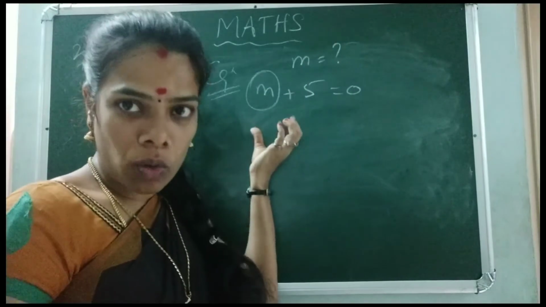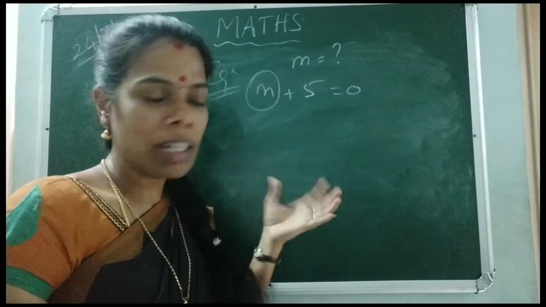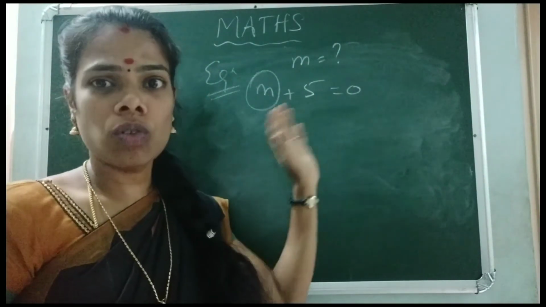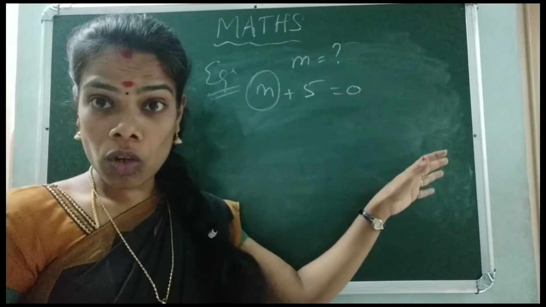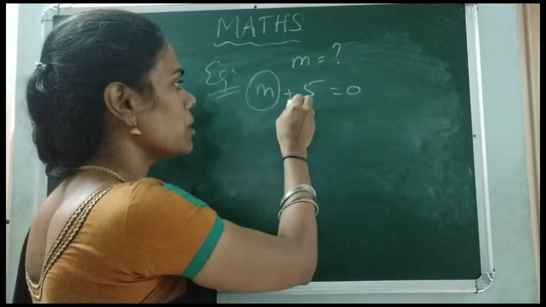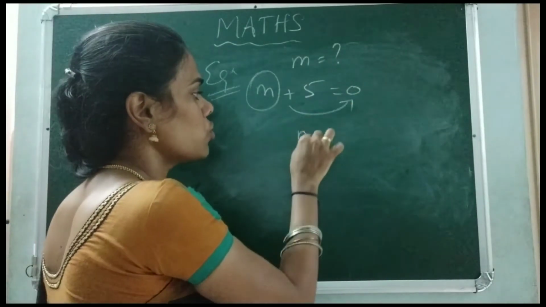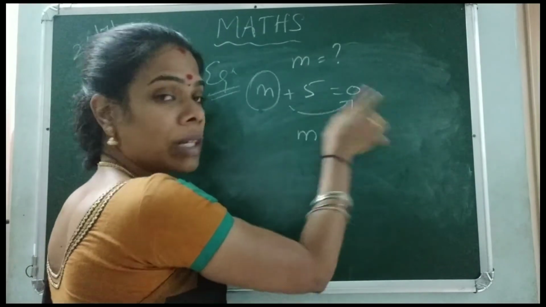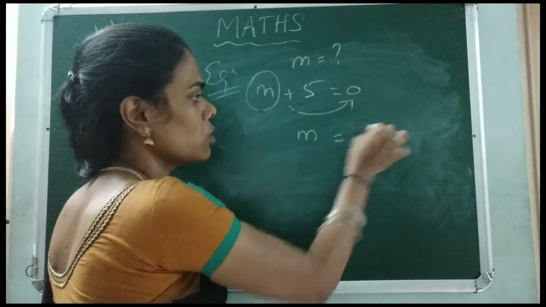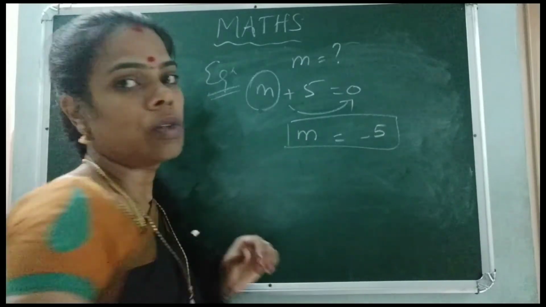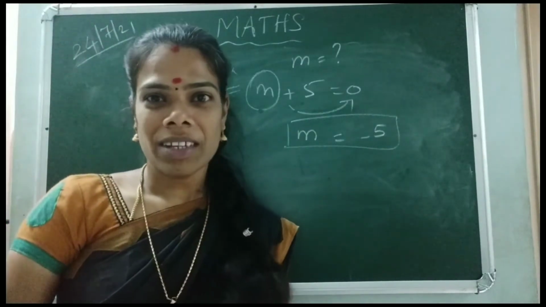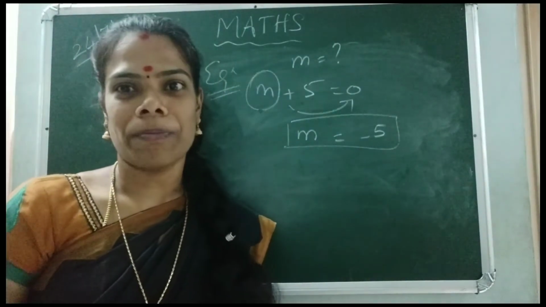So keep m alone on the left side, and take every remaining term to the right side. When this plus moves to the right side, plus becomes minus. So your answer is m equal to minus 5. This is the solution of this equation.